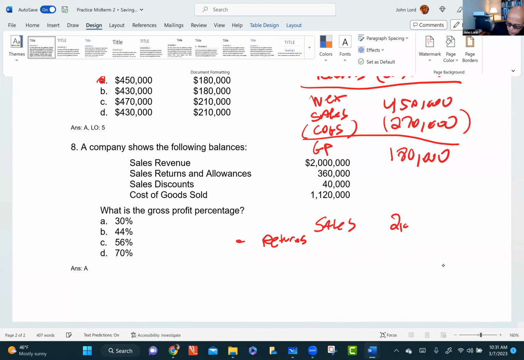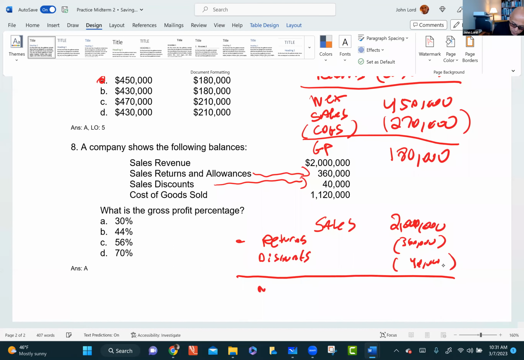The sales were 2 million. You subtract the returns. You subtract the discounts. Sometimes the hard part is just lining up the numbers. Okay, the 40,000.